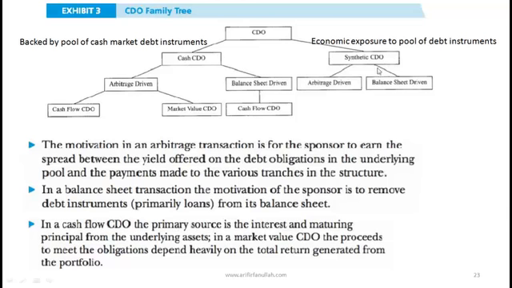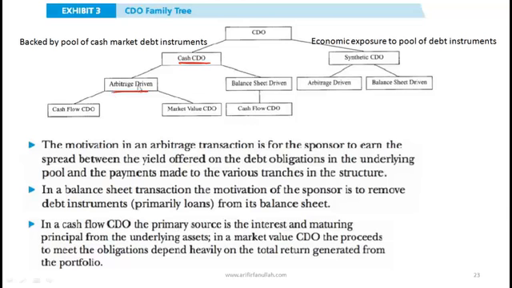I'll come to this later. Let's continue our focus right now on cash CDOs, which are easier to understand because we actually are buying all the underlying instruments. Now, in the cash CDO side of this picture, we have two kinds of cash CDOs, either what's called arbitrage driven or balance sheet driven. I'll describe the arbitrage driven in more detail on the next slide.